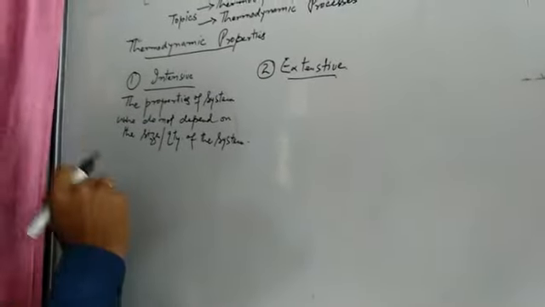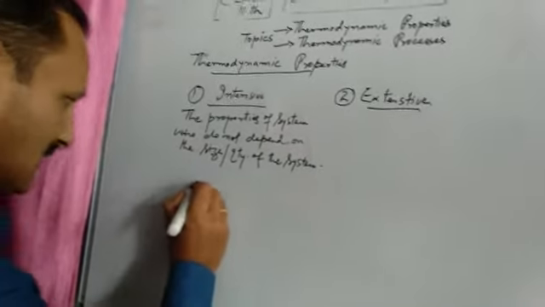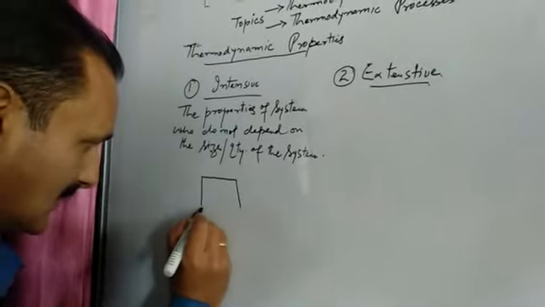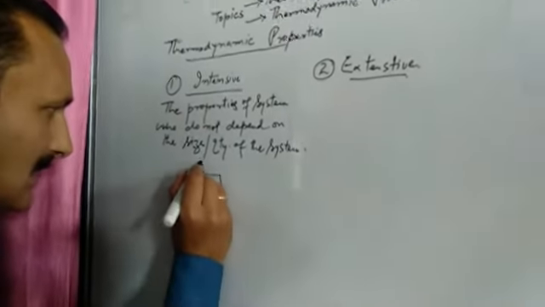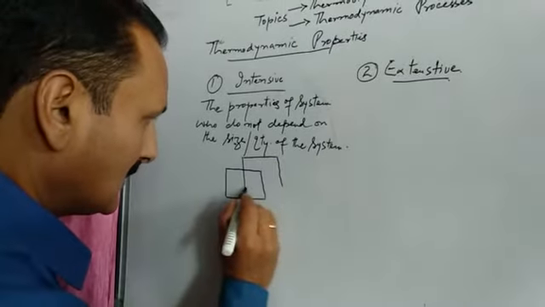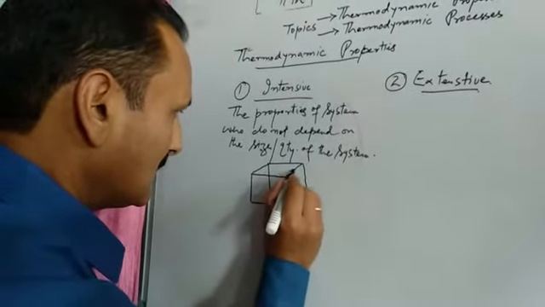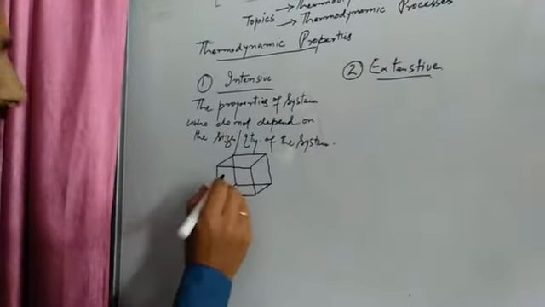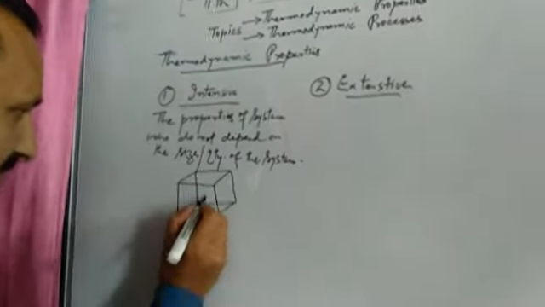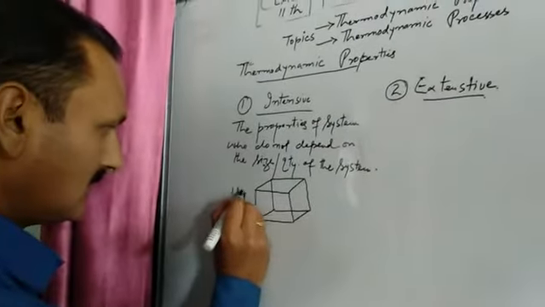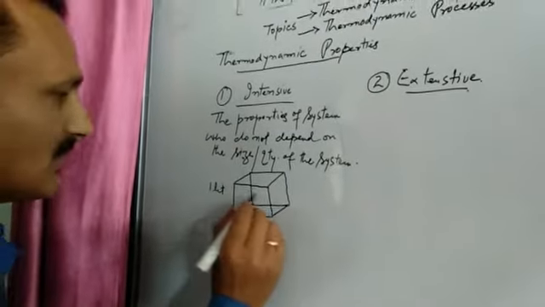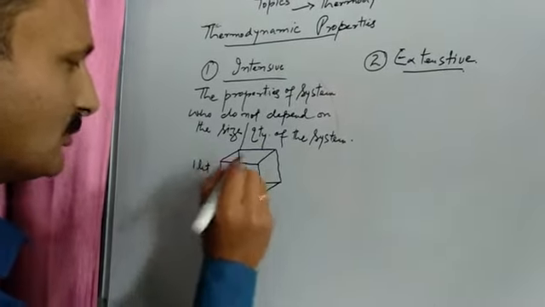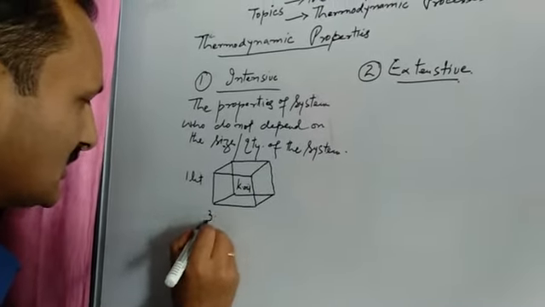let me take an example of a system. Suppose this is a container. Now suppose its capacity is 1 liter and I have kept 1 liter of kerosene oil in it, and suppose its temperature is 30 degrees centigrade.